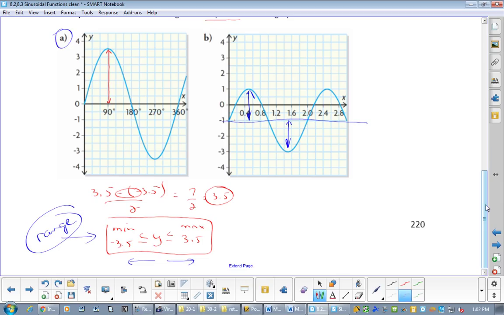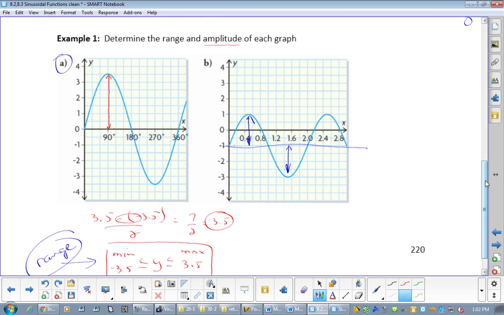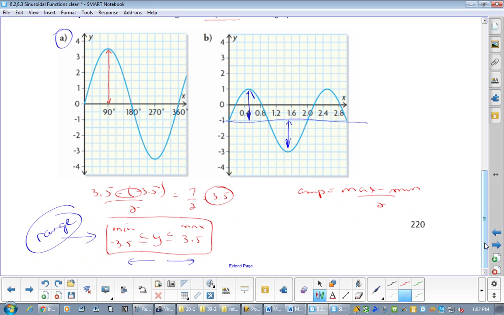So what is the amplitude? Amp is max minus min over 2, correct? What's max, minus, what's the min? Make sure you put in negative 3, and that's all over 2. This always has to be in brackets, or you will get it wrong.